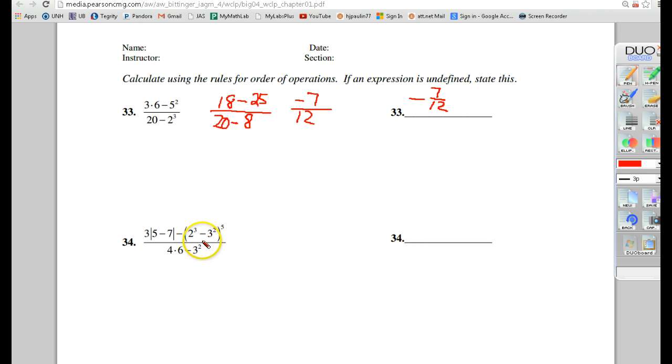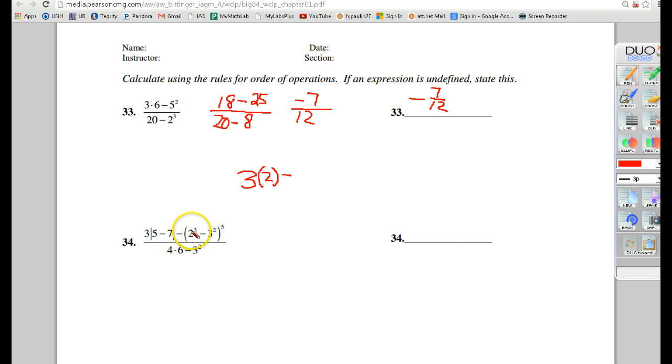And this one is a little more challenging, so let's do it step by step. So we have a 3 there. Okay, 3. Now this is going to be a negative 2, but it's the absolute value, so it comes out as a positive 2. Minus.